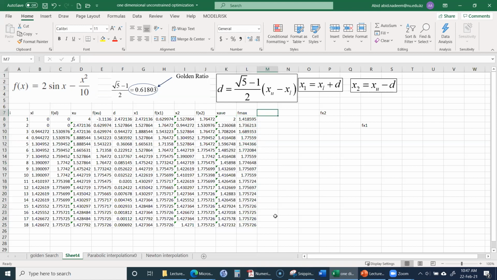And if we find the error, the absolute percentage error in the average value, it is equal to ABS of this one minus the previous value, divided by the current value, multiplied by 100.